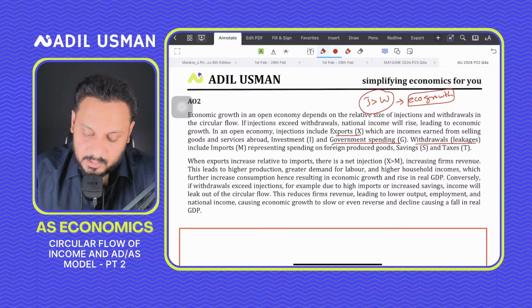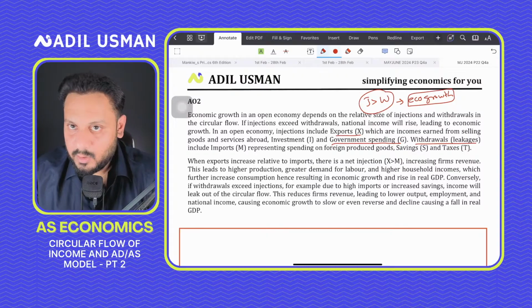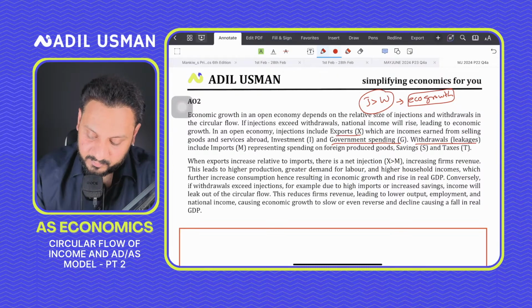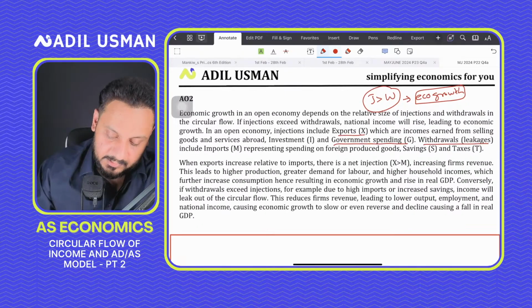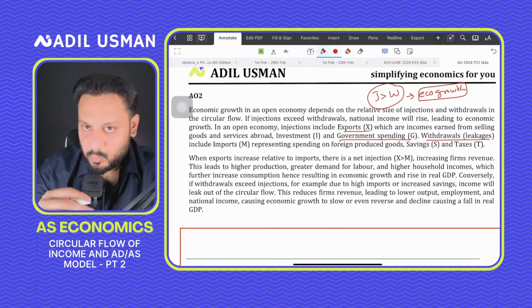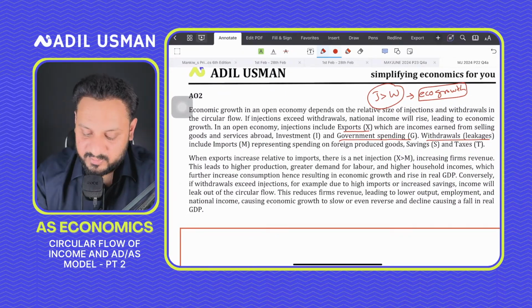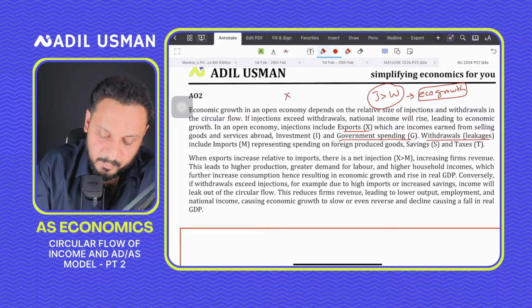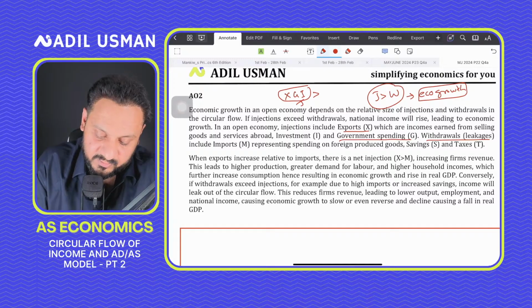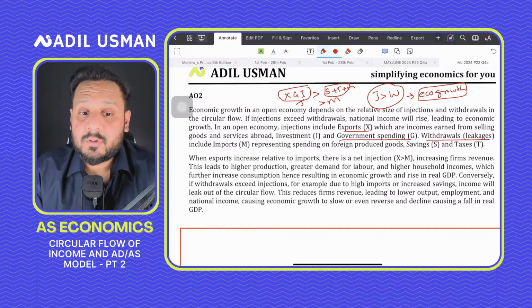So your AO2 would focus on how this would happen. What you will say is that in an open economy, if our total injections, that is the sum of exports, government spending, and investments, exceed the withdrawals, which are savings, taxes, and imports, then there would be economic growth.